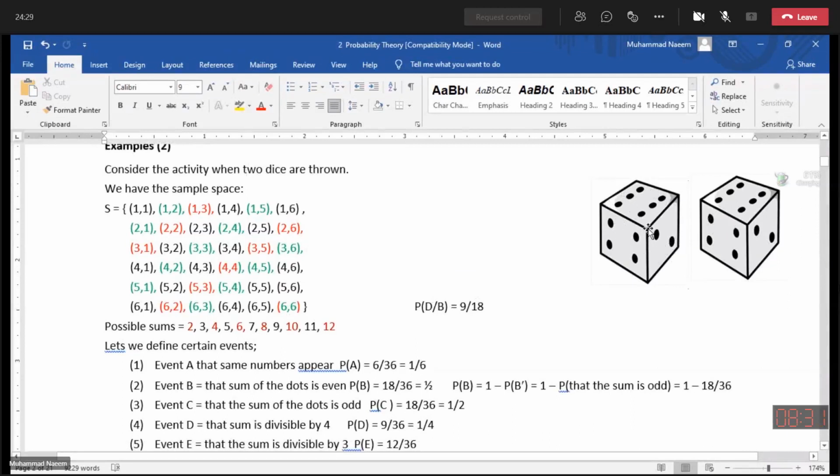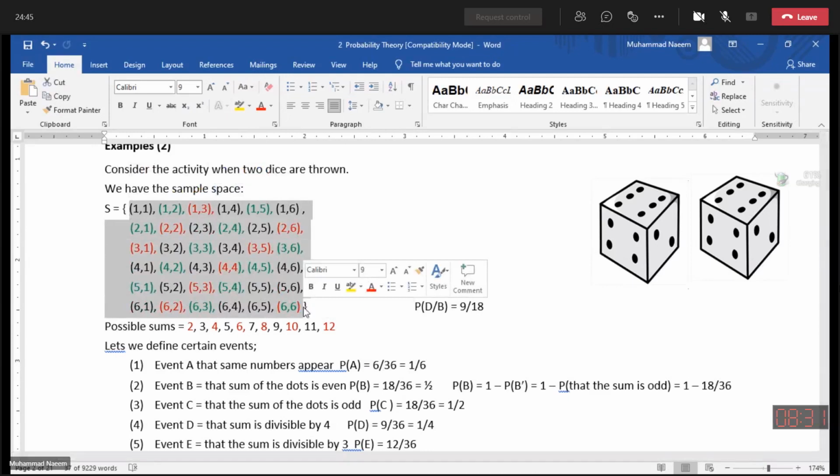So 6 multiplied by 6, we have 36 outcomes. And these outcomes are stated here in the form of ordered pairs. In these ordered pairs, the first component shows the outcome of the first die and the second component shows the outcome of the second die.